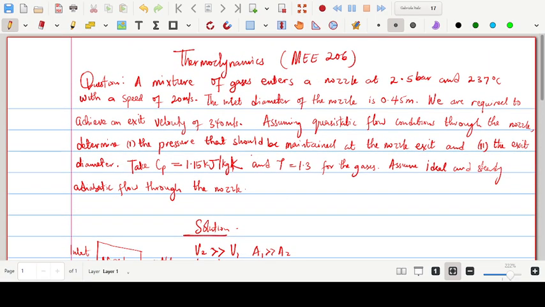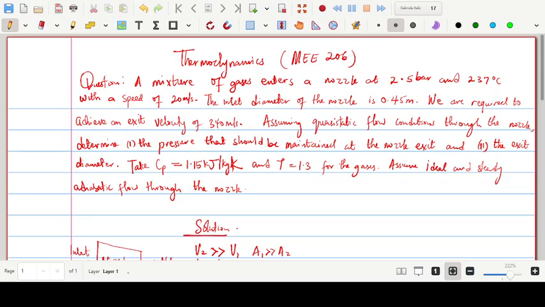Now assume quasi-static flow condition through the nozzle. What does that mean? It simply means that the rate of change of the property is considered to be very slow in order to stay at equilibrium. So quasi-static is a reversible process.